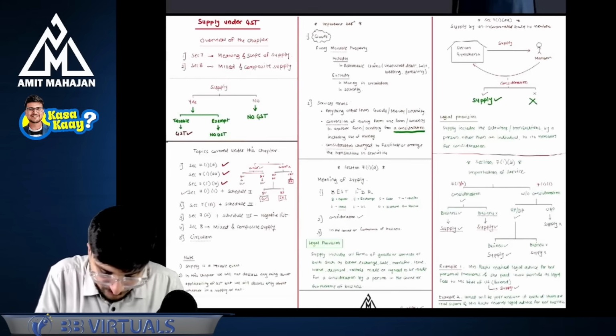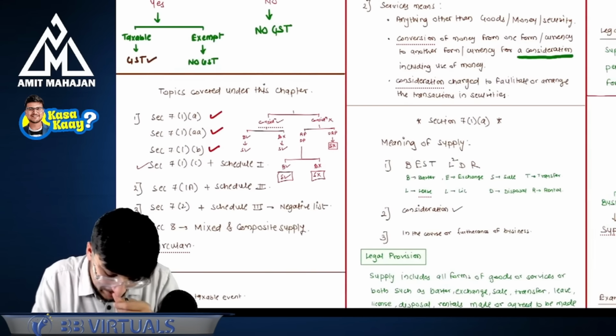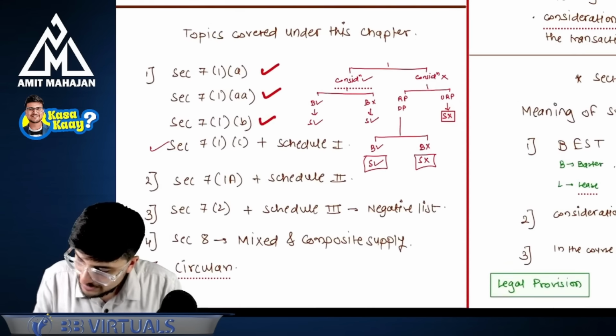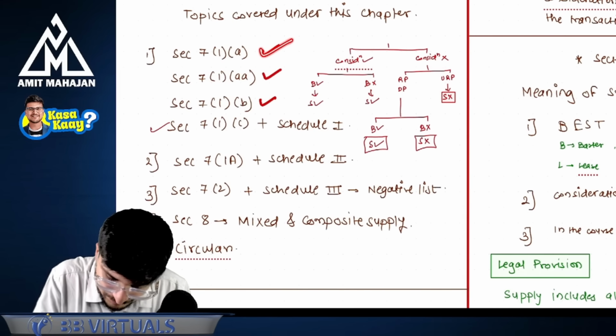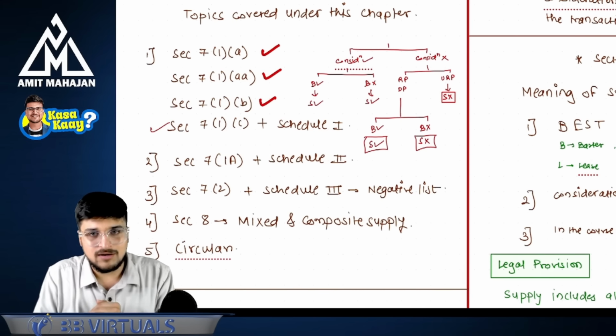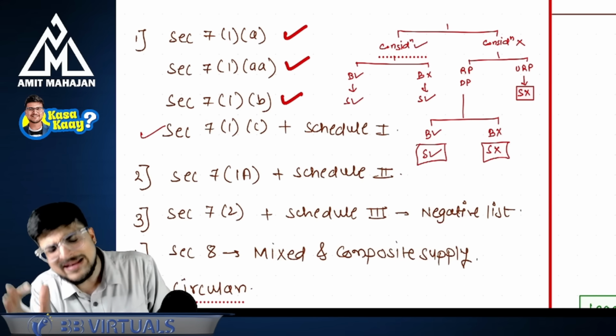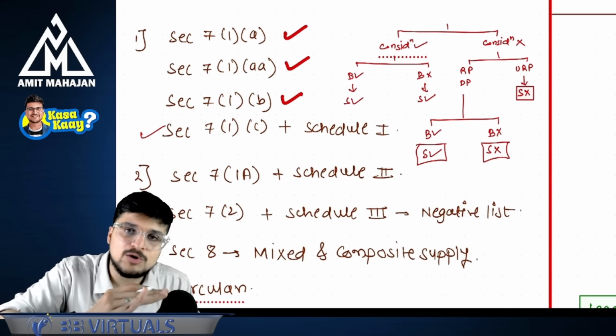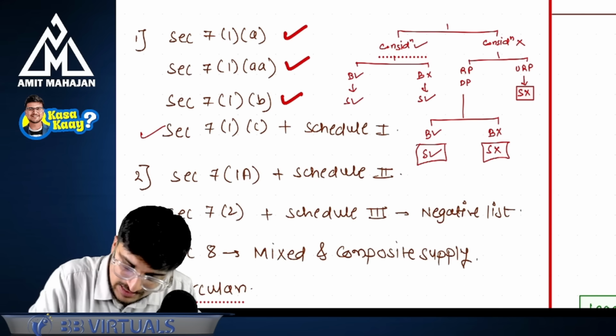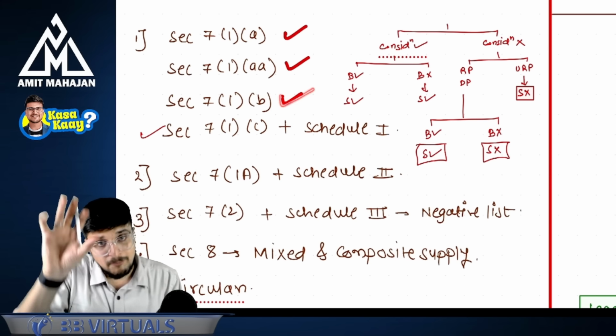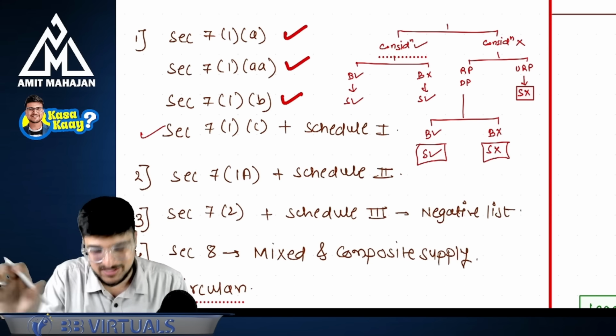Till now, we have seen 4 sections. Number 1, it is section number 7.1a, that is 3 conditions. Section number 7.1aa, that is any unincorporated body provides any supply to its members for a consideration. Section number 7.1b, that is importation of service for a consideration. 7.1c, read with schedule 1.